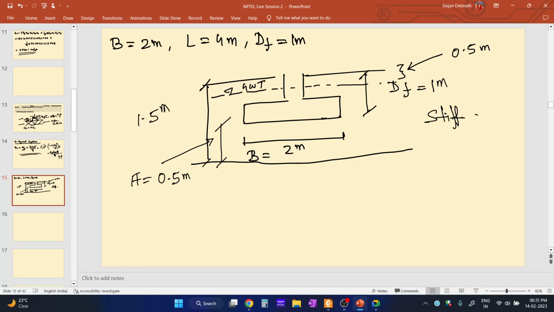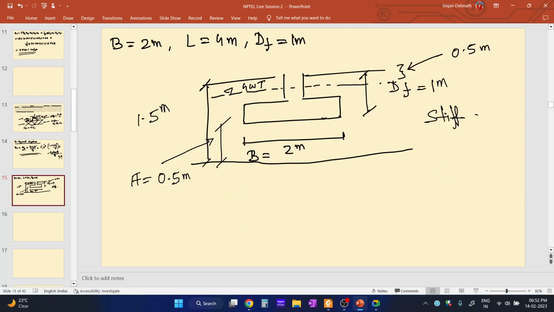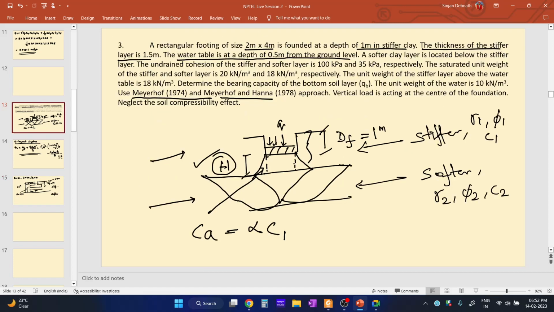GWT, ground water table, is over here. A softer clay layer is located below the stiffer layer. So there is a softer layer below the stiffer layer.